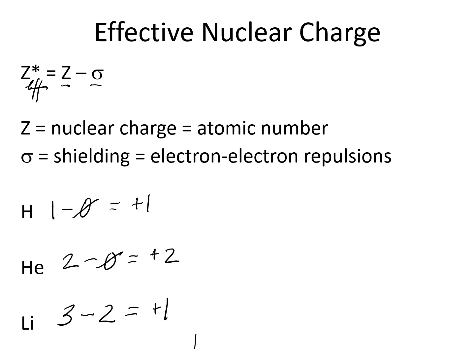So we're going to continue across the period, or row, that lithium is in to boron, and we'll calculate effective nuclear charge all the way over to fluorine.